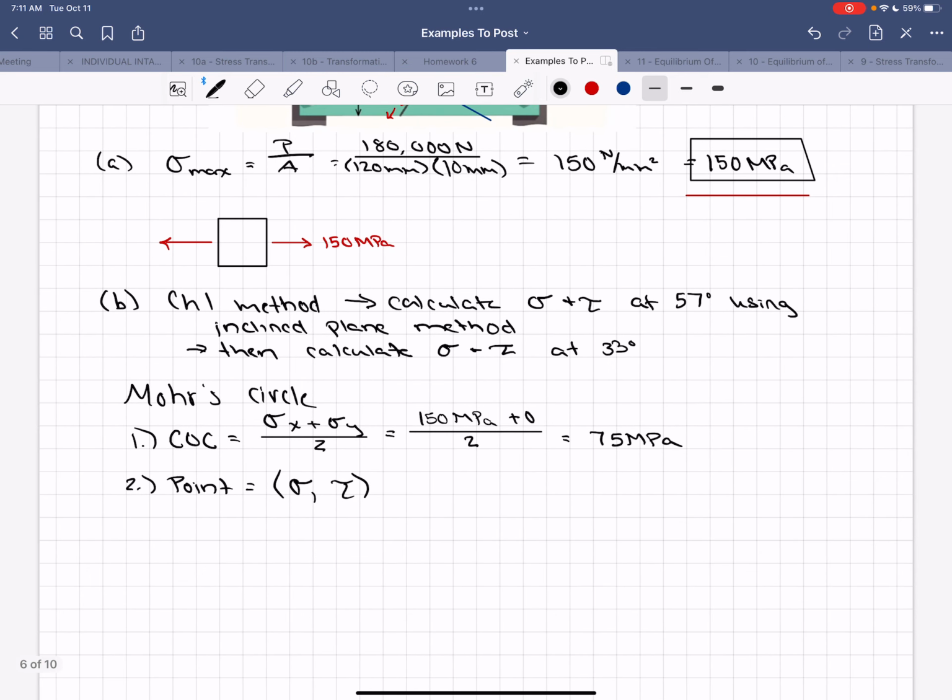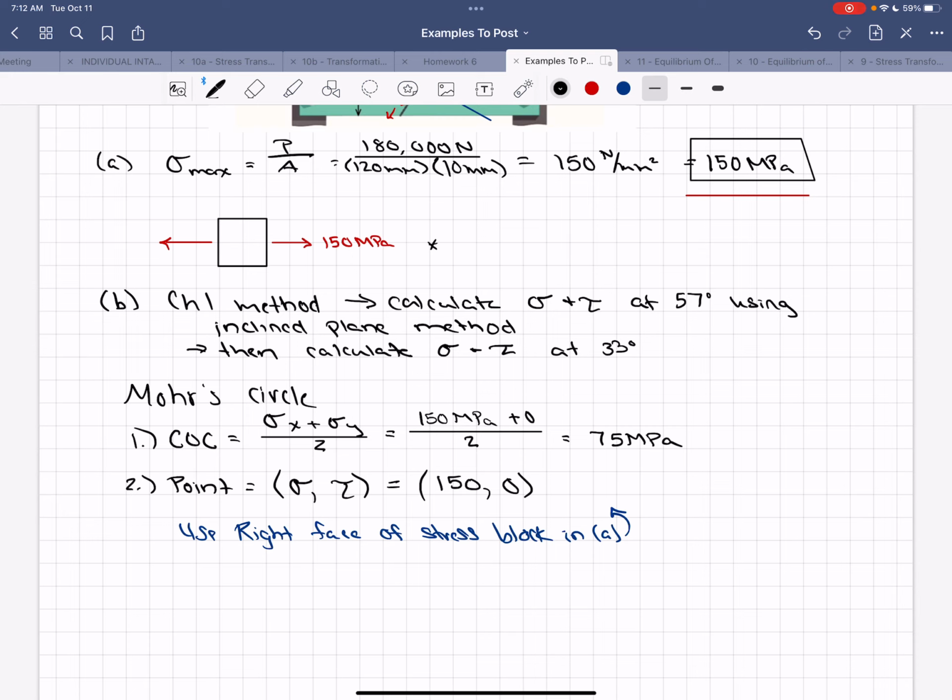So, from our drawing here, we use the right face of the stress block in A. Our normal stress is 150 and our shear stress is 0.